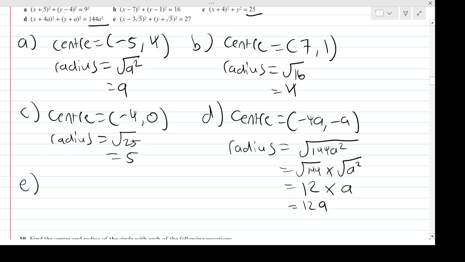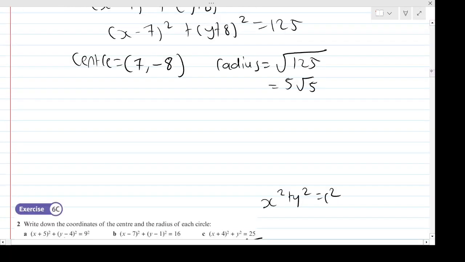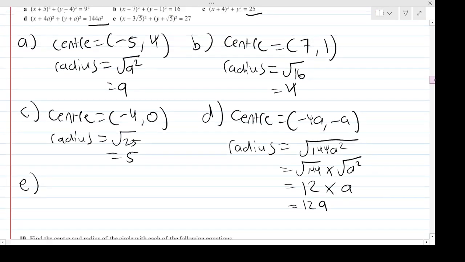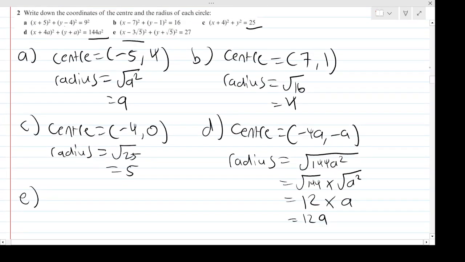Then part E we have x minus 3 root 5 squared and y plus root 5 squared is equal to 25. But again, for the centre, instead of x minus 3 root 5, do the opposite. So we're going to add 3 root 5, and that's the x coordinate there. Then y, instead of plus root 5, we're going to do minus root 5.